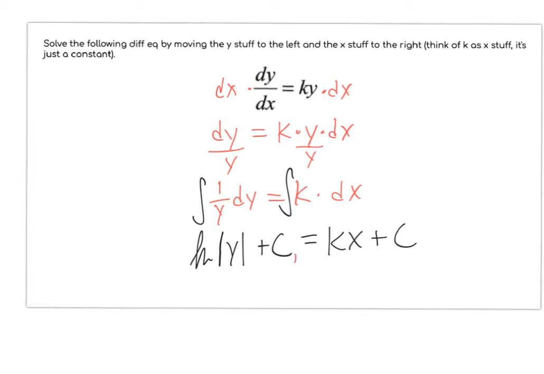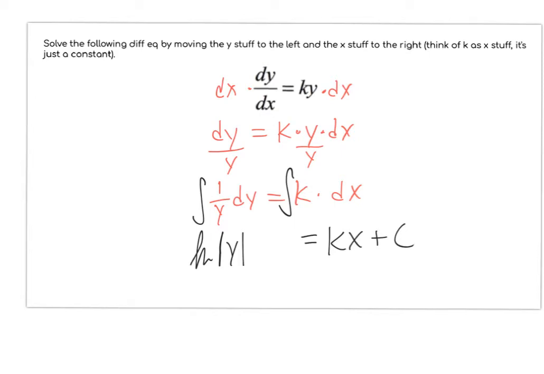So I could call this constant 1, constant 2, and if I were to move this constant over to this side, we could call that constant 3 if we really wanted to, but to be honest, we can't tell the difference between constant 1, 2, or 3. And we end up looking at this as an equation.